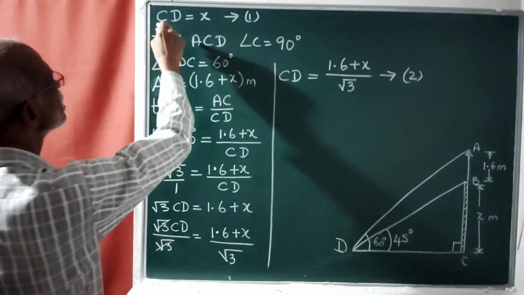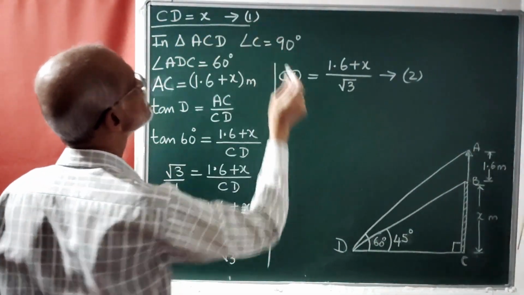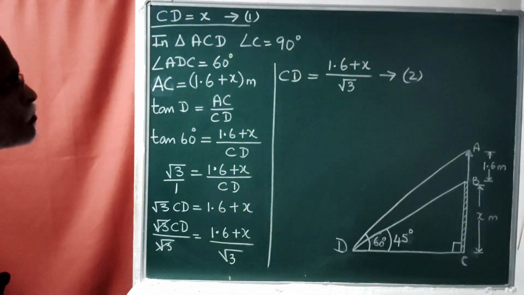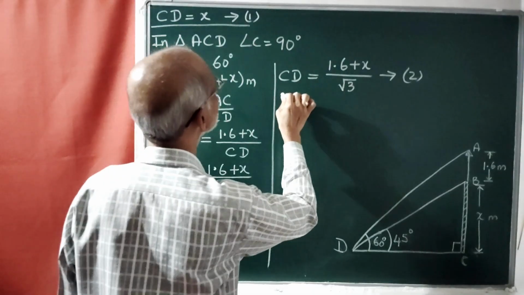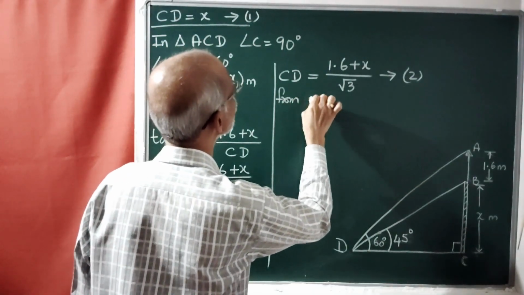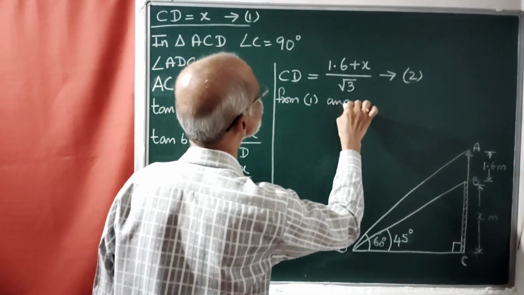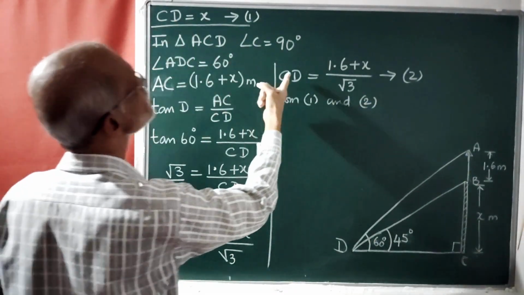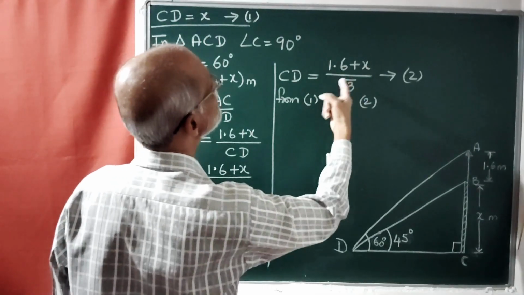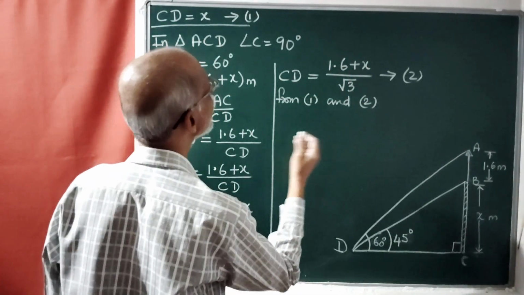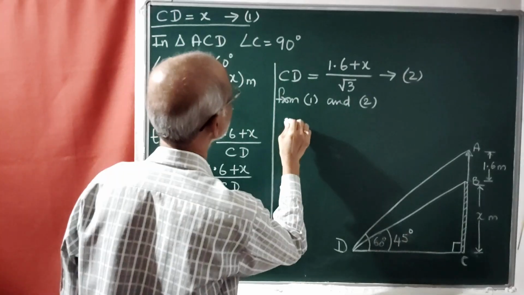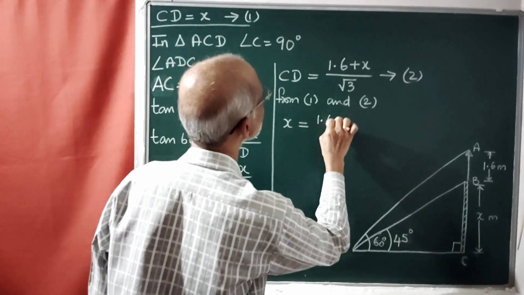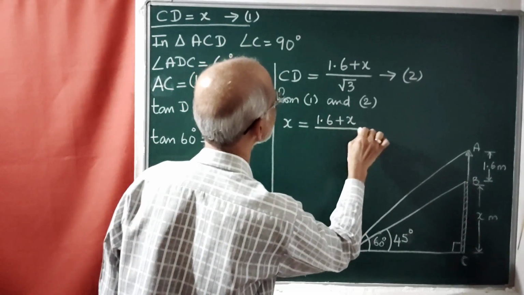You can see in equation 1, CD is equal to x. Equation 2, CD is equal to 1.6 plus x by root 3. From equations 1 and 2, I can write x is equal to 1.6 plus x by root 3.